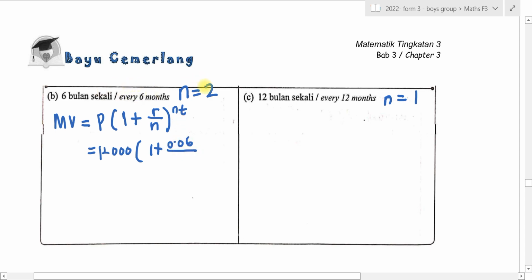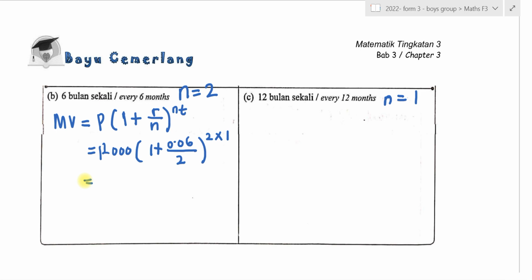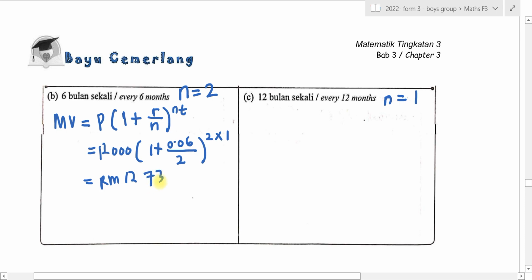And then every 6 months means n equal to 2. And then take the 2, we multiply time. Time is 1 year. Answer? 12,730.80. Yeah, 12,730 80 cent.